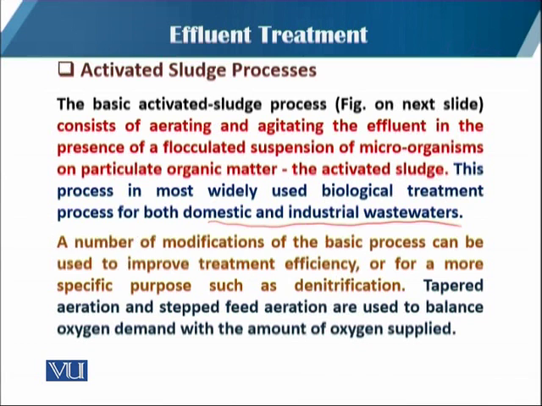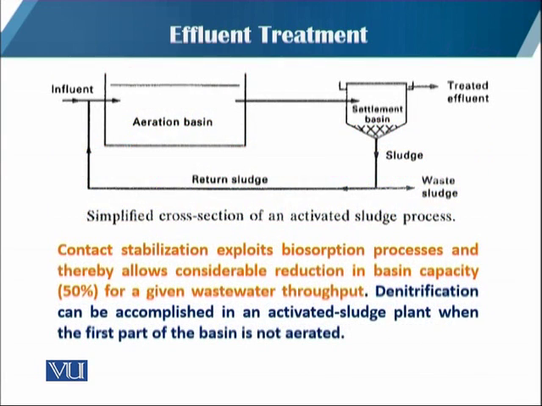A number of modifications of this basic process can be used to improve the treatment efficiency for more specific purposes, such as denitrification. Tapered aeration and stepped feed aeration are used to balance the oxygen demand with the amount of oxygen supplied. So here you can see the simplified cross section of activated sludge.